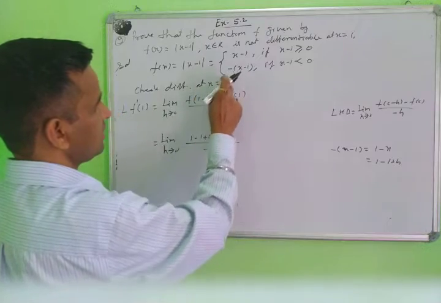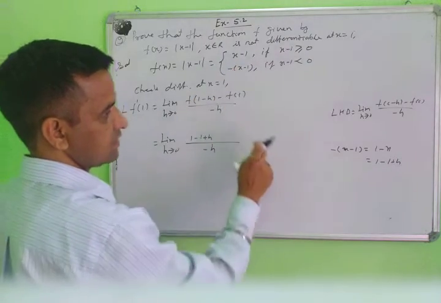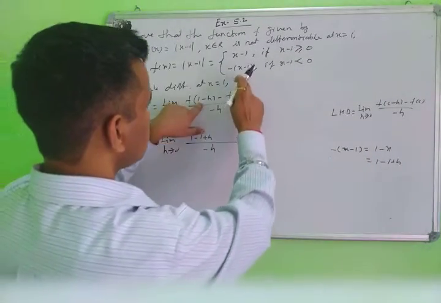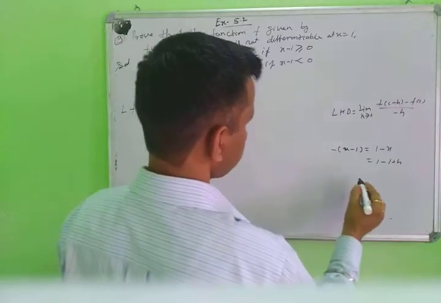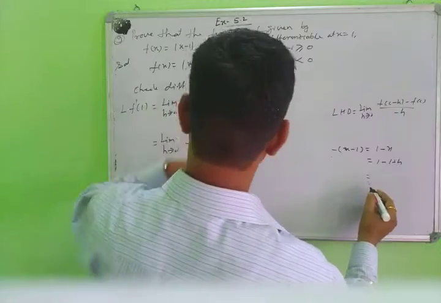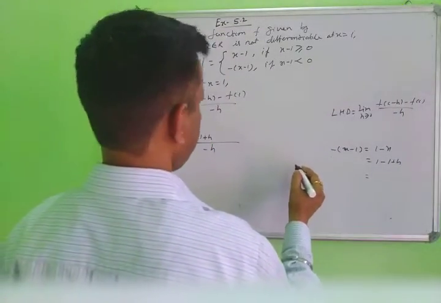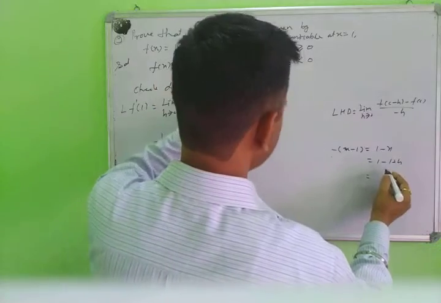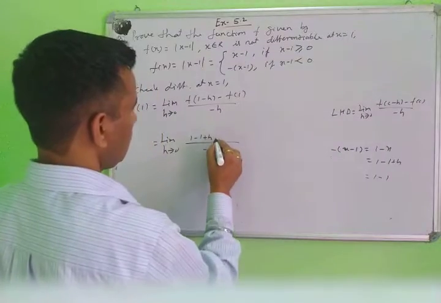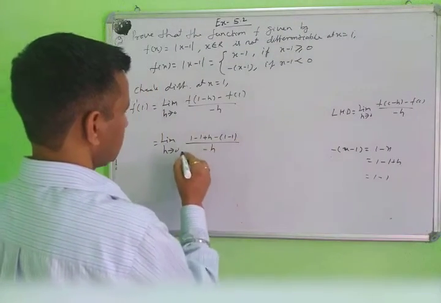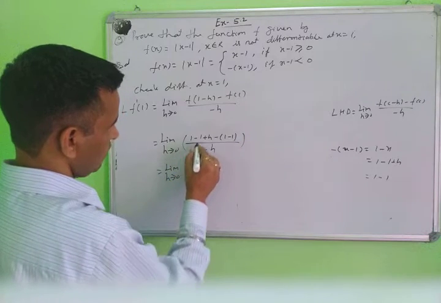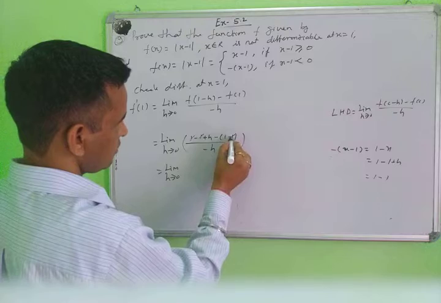Suppose this value is put in this x. What will come here? Yes, 1 minus h gives minus h. Again f(1): putting f(1), 1 minus 1, the answer will become 0. So this will come here, the limit h tends to 0, this will be cancelled and this also cancelled.